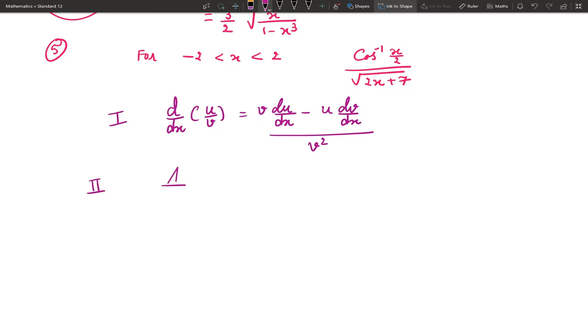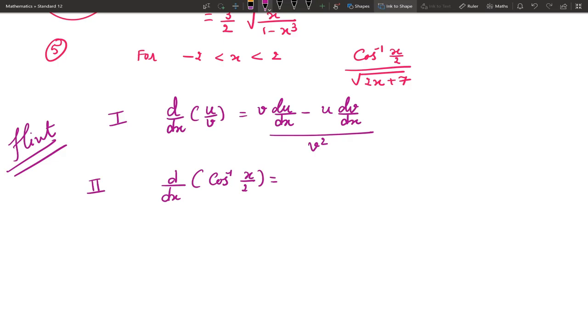When you differentiate d by dx of cos inverse x by 2. So hint how to solve this one. Step 1, use division formula, and when you differentiate numerator and denominator independently, I explain this one.